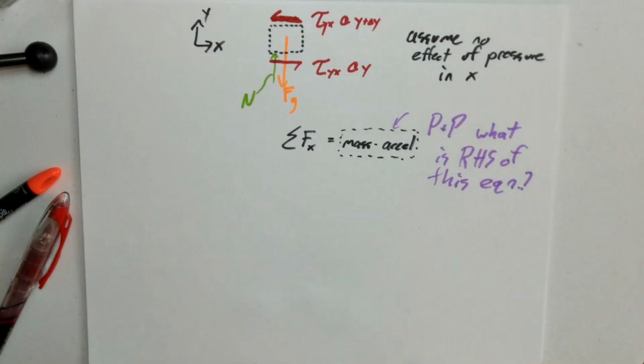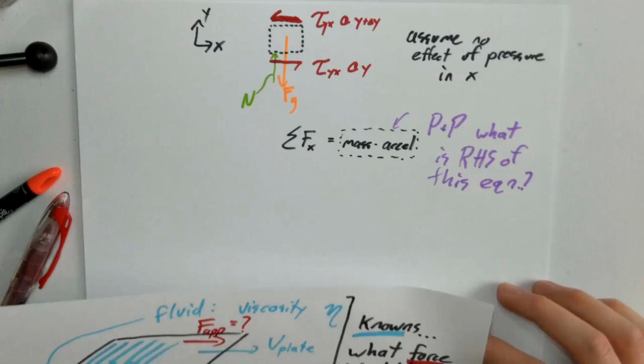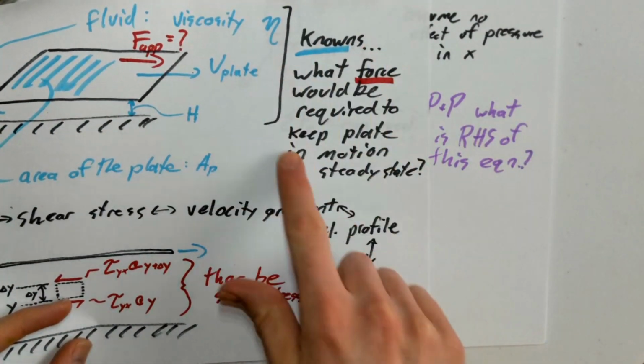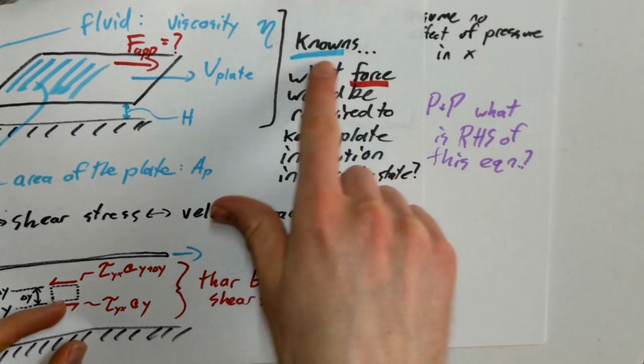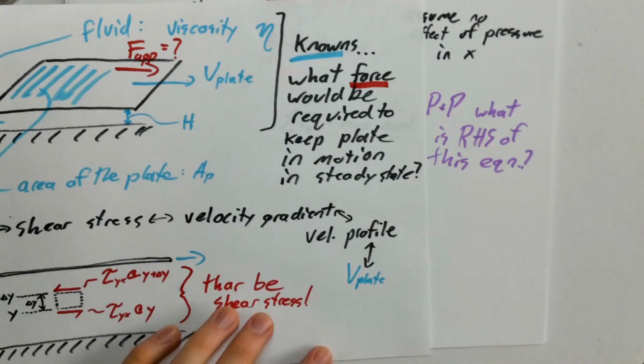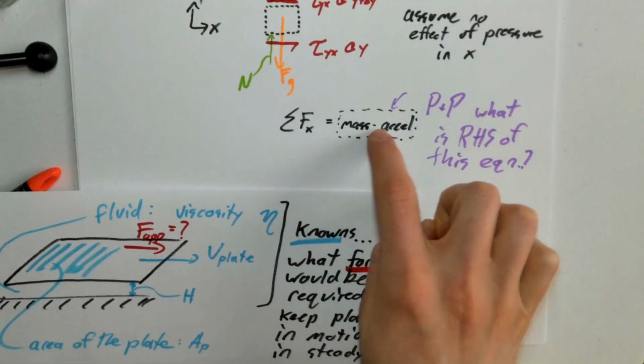And when you're thinking about that, think about some of the assumptions that we made in the development of this problem. So pause and ponder. What's the right-hand side of this equation?